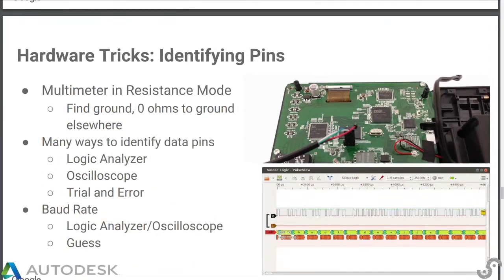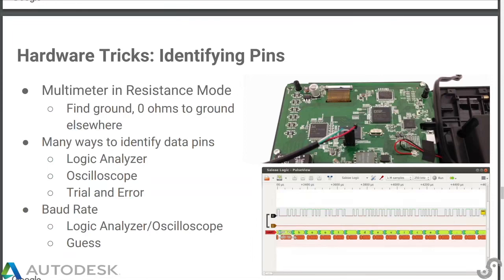So knowing the pinout, though, is important to being able to connect it. There's a bunch of different ways you can do that. So the first pin you want to identify, partly because it's easiest and partly because it's the most important, is the ground pin. And it's actually really easy. You get a multimeter, you set it to resistance mode, and you touch one of the probes to anywhere that you know to be ground, which is, for example, this particular device had some USB ports on it.